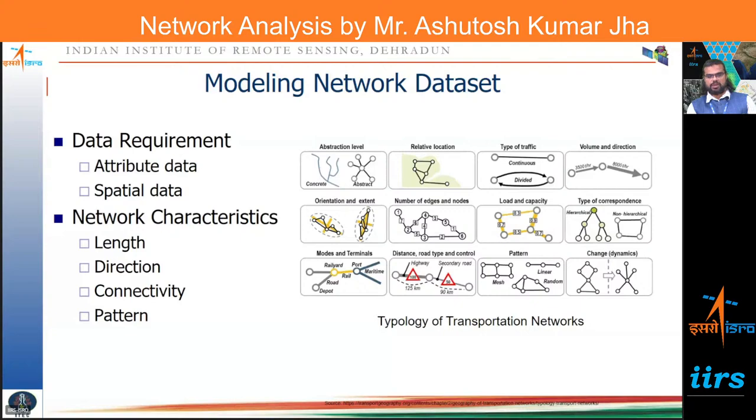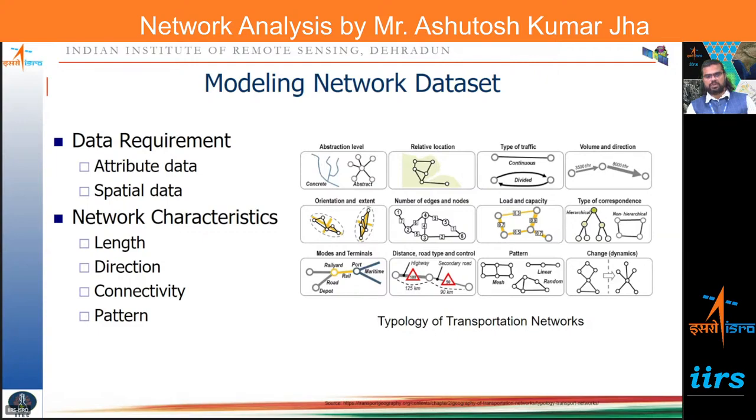Once we represent it, we can use it for second level analysis like functions, basically the ingress and egress to each network node, giving an importance to that particular area.